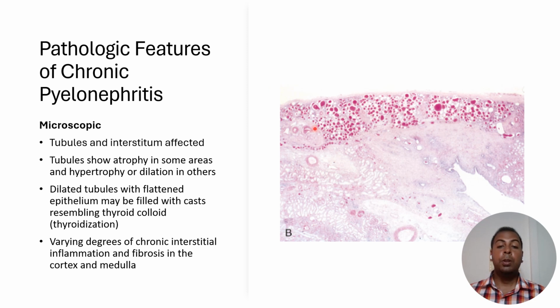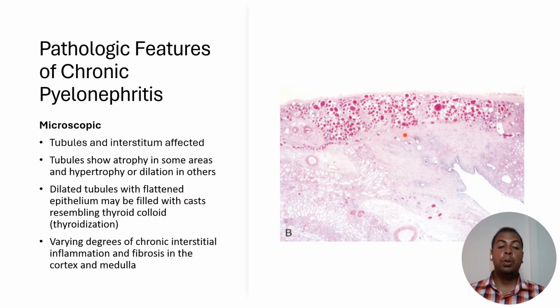Alright, so now let's look at the microscopic features of chronic pyelonephritis. So just like in acute pyelonephritis, you're going to see the tubules and the renal interstitium being affected. The tubules are going to show atrophy in some areas and hypertrophy or dilation in other areas. You might see dilated tubules with flattened epithelium, and the tubules may be filled with casts resembling thyroid colloid.